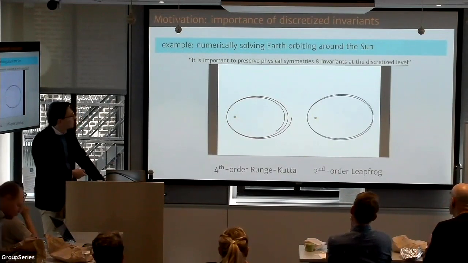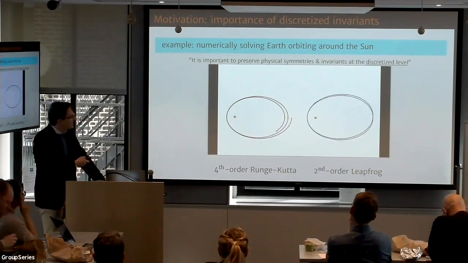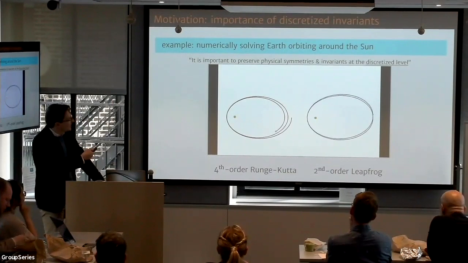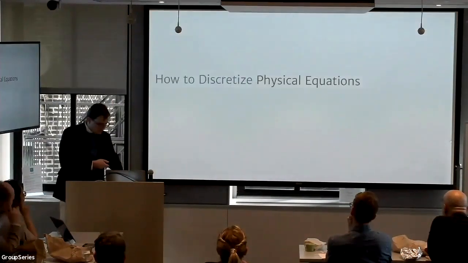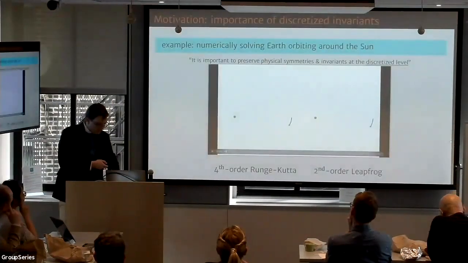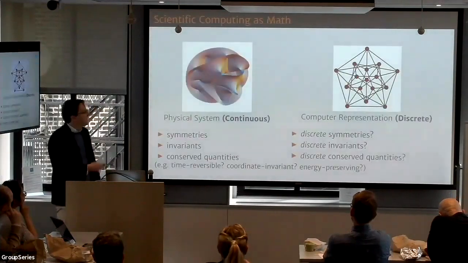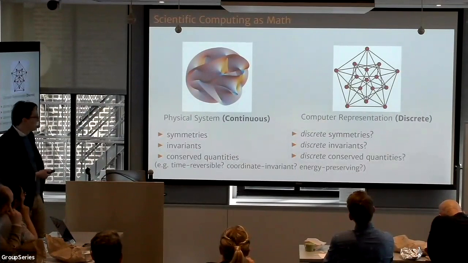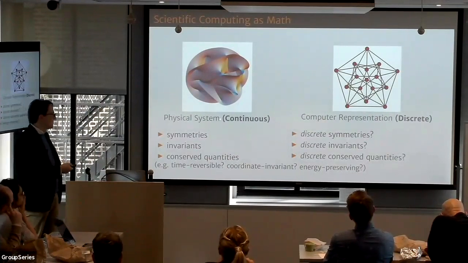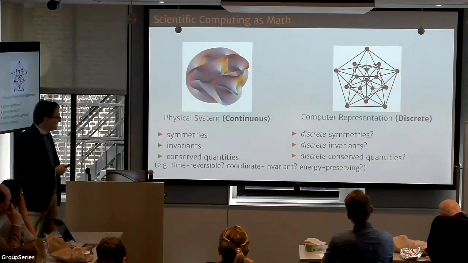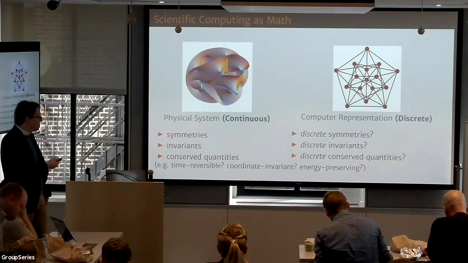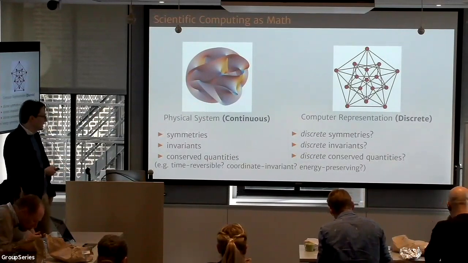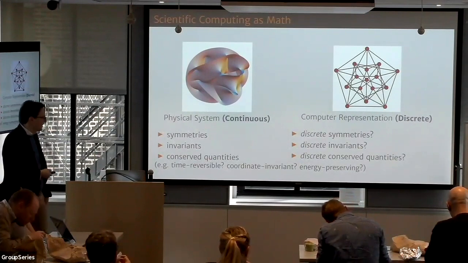To put things in context, typically when you have a physical system, you have a system of continuous equations, might be PDEs, for example, and these systems will have their own symmetries, invariants, conserved quantities, and properties.